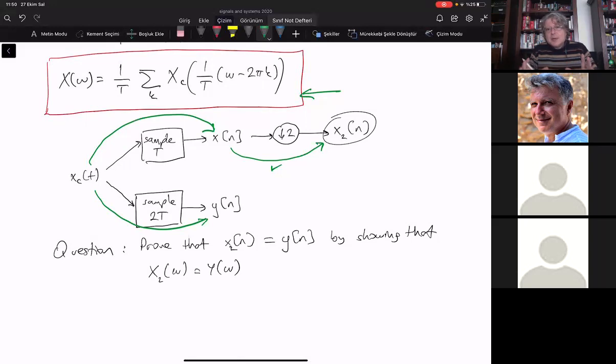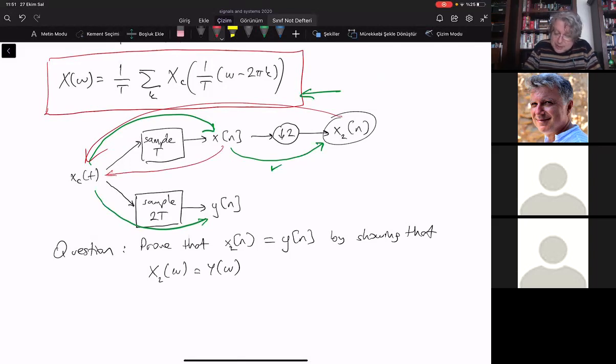Otherwise, in the time domain, it's very clear that they are the same. If you sample by t and then downsample by 2, it is equivalent to sampling the original continuous time signal by 2t. In fact, we are going to use this relation to find a relation between x2 and y, and then we will also have the relation between x and x sub c.